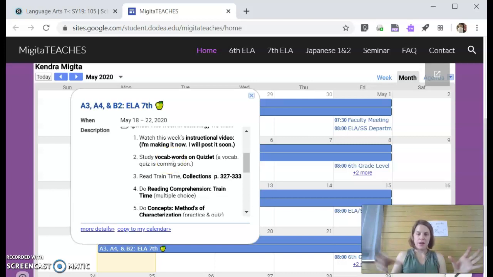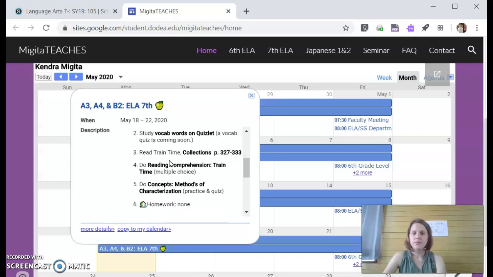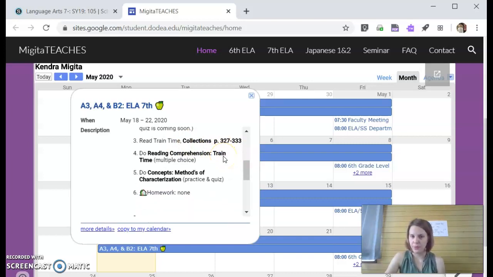It'll be a random pulling from the set of words, but it'll be in that format, like a couple multiple choice, a couple of matching, etc. We're going to read Train Time this week, found in collections 327 through 333, and the concept that we're pulling from it is methods of characterization. Like how is the characterization talks about the characters' wants, desires, their personalities, who they are as a character, and how the author crafts that.